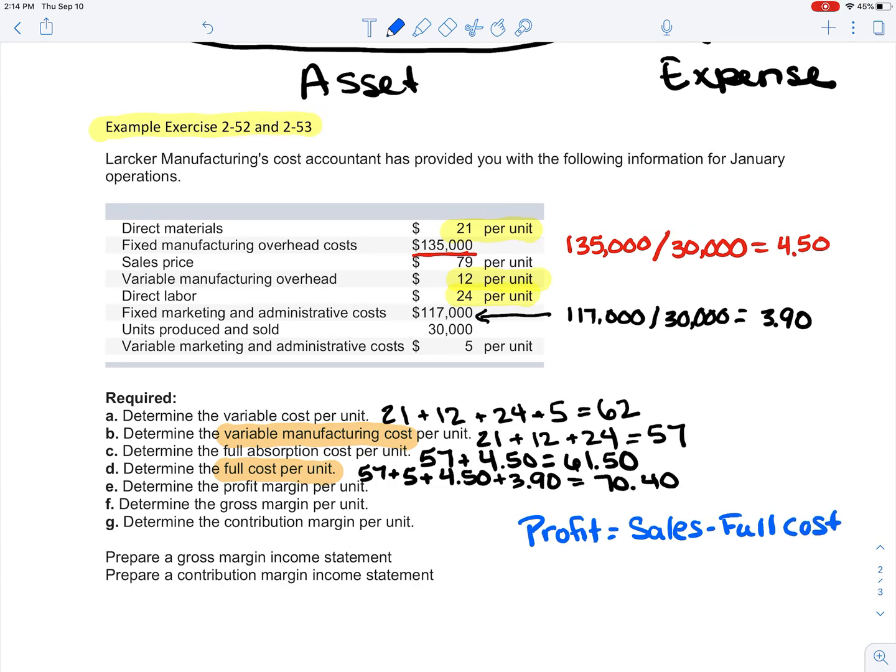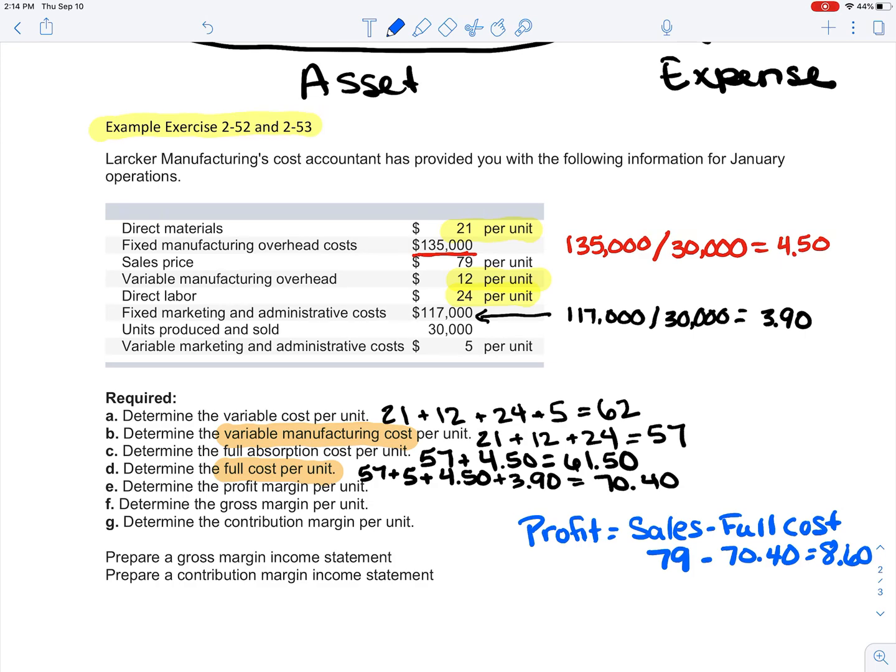If I do that, I can see my sales cost per unit, $79, minus my full cost that I just determined was $70.40. And therefore that profit margin is going to be $8.60. Let me erase that there so we can see that.